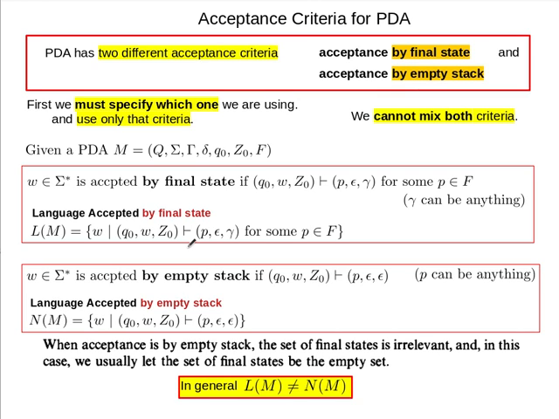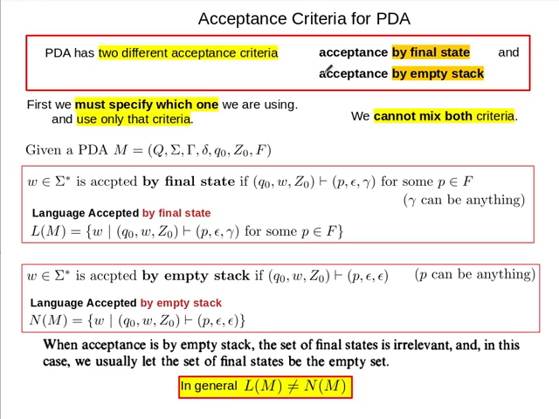But the point is, you have two different acceptance criteria, and you should not mix them, right? When you are talking about a PDA accepting a language, or accepting a string, first you decide which one you want to use. You cannot use one criterion for one string and another criterion for another string. So first you say that this is my PDA, and then you say that I am going to use this criterion, or I am going to use that criterion.